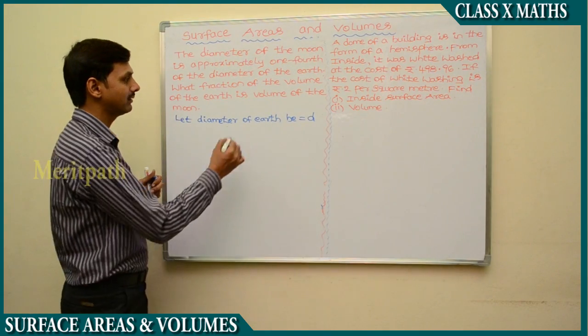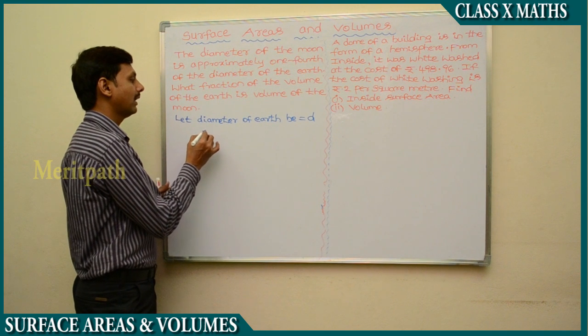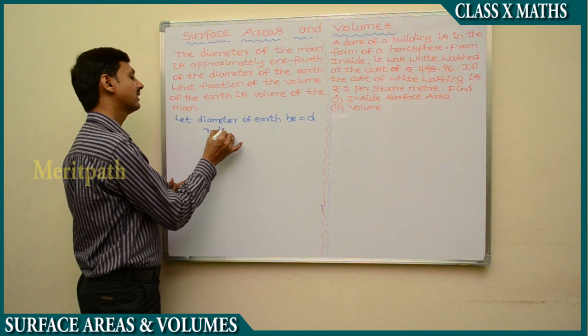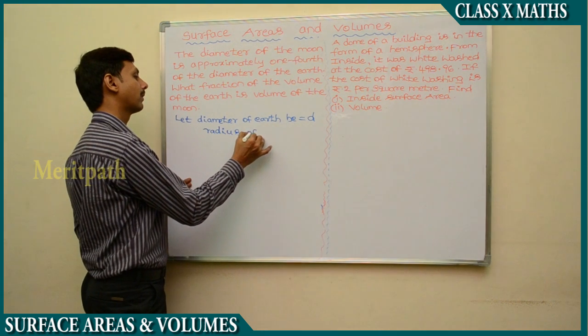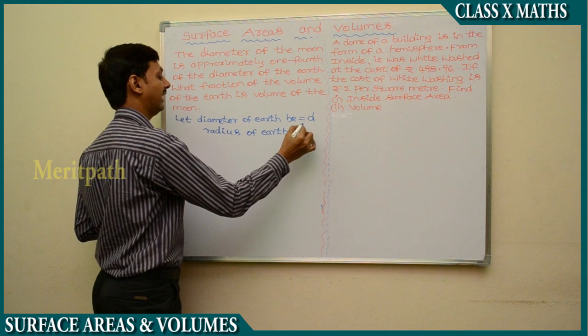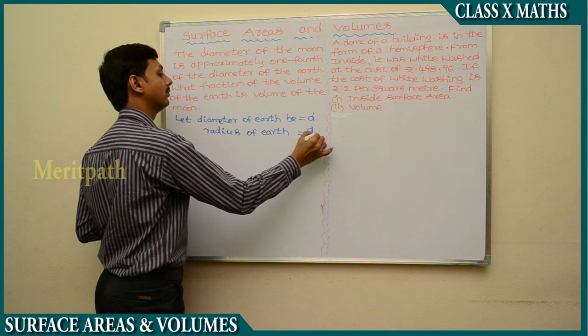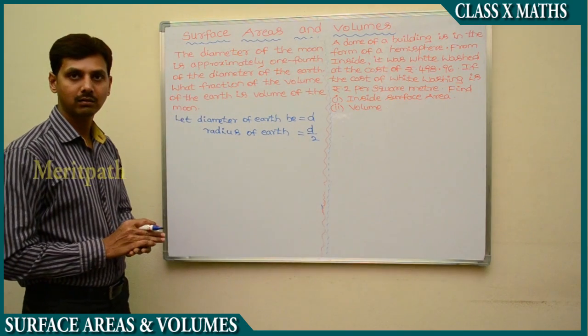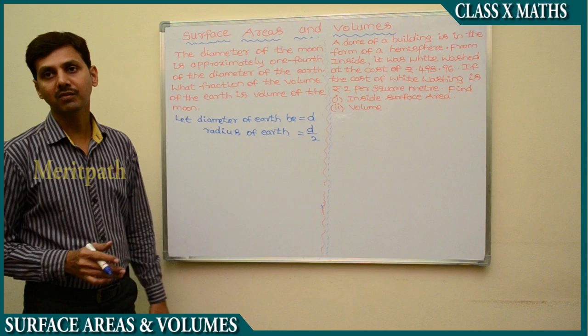So we have taken it as d. Then the radius of the Earth will be d by 2, because radius is half of the diameter.